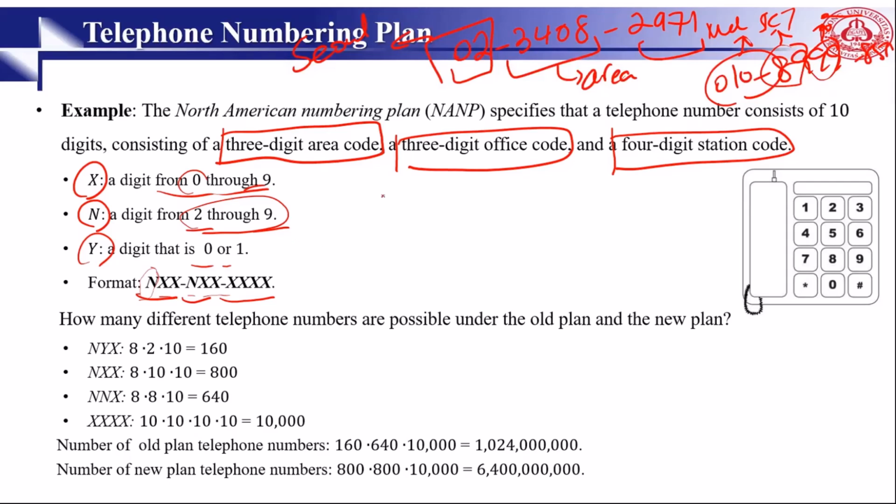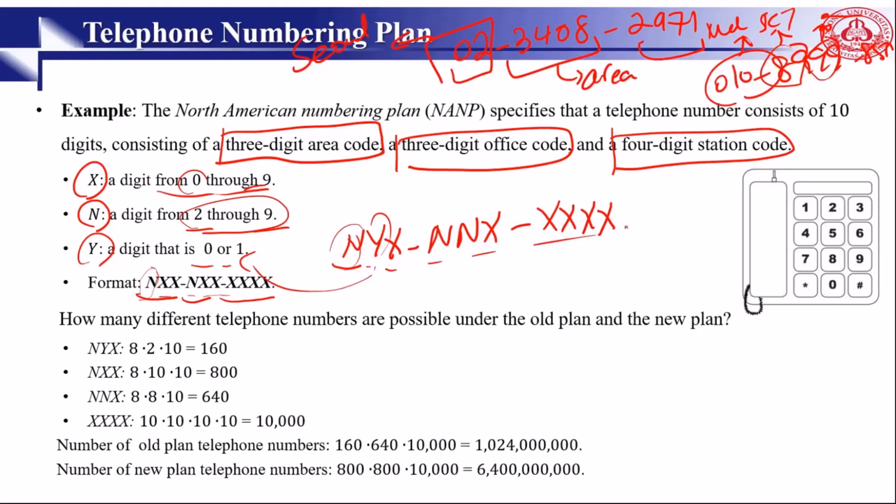In another format of New York, it was NYX NNX XXXX. It means this one can be 2 to 9, this one can be 0 or 1, and the X is the same. So the question here is, how many different telephone numbers are possible under the old and new telephone number formats?